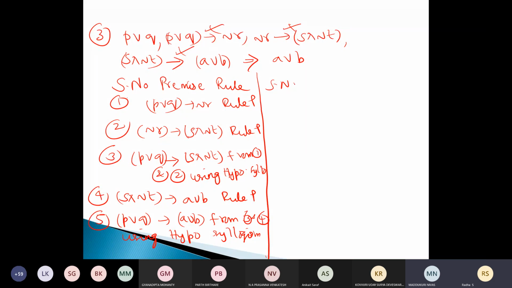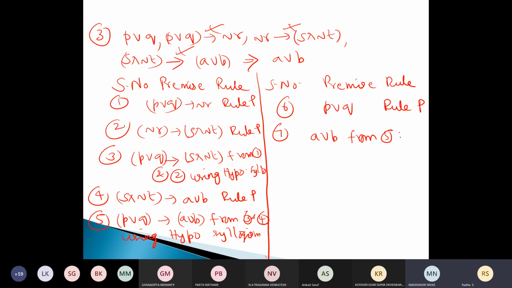Next again. So still we are left out with P or Q. Now you can use 5 and 6. It gives you A or B from 5 and 6 using modus ponens.